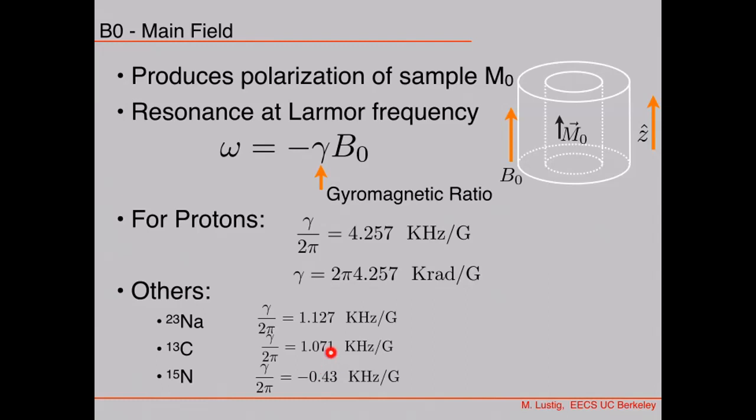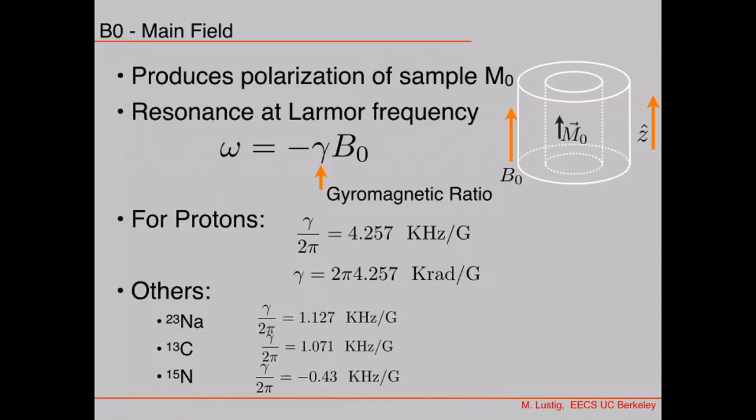But that's interesting. What it also says is that the difference in frequency, so this is 4.3 kilohertz per Gauss, so about a tenth of the resonance frequency of protons, but negative.